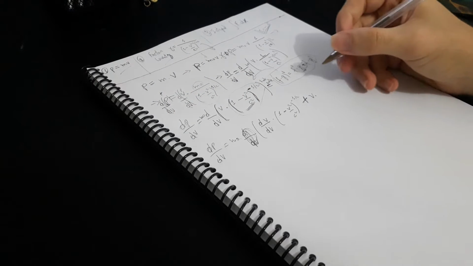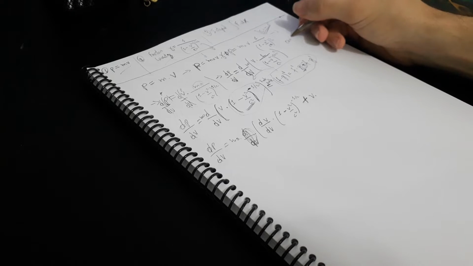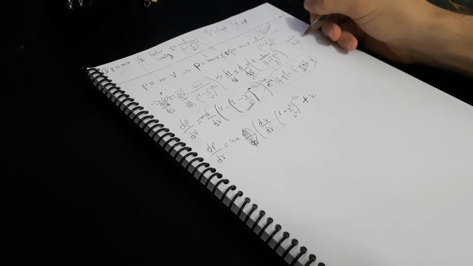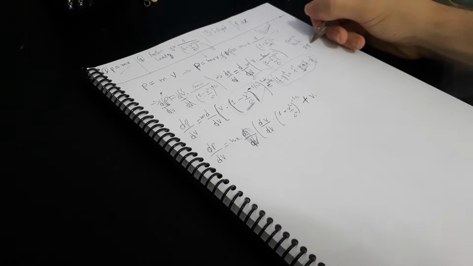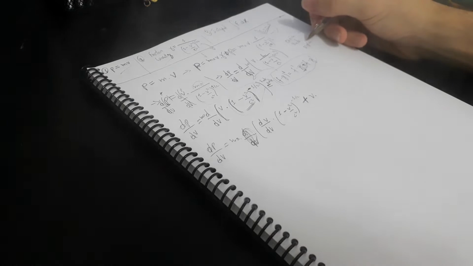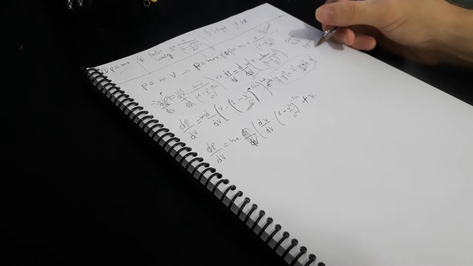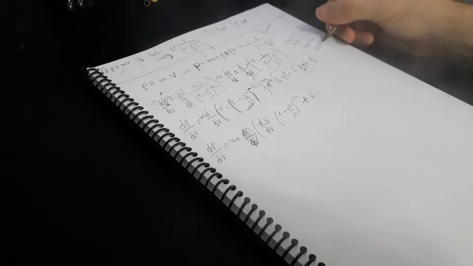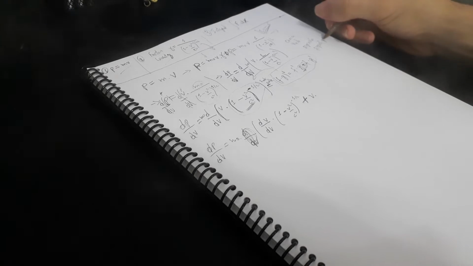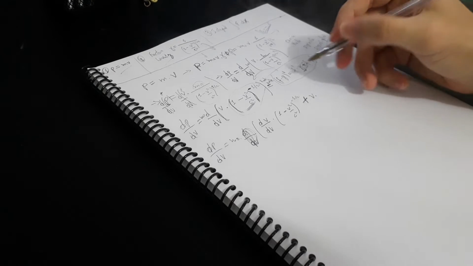So we have to use the chain rule. The chain rule states that if we have a function g inside of a function f, we have to take the derivative of the whole function times the derivative of the inside function. So let's do it.